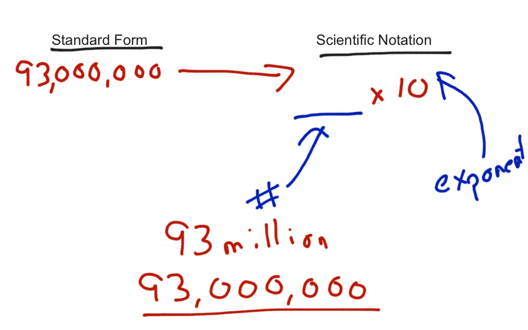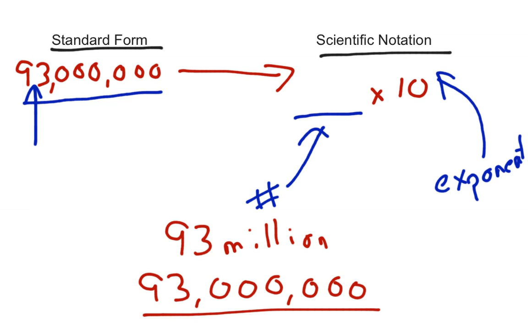Really, changing this standard form into scientific notation is actually pretty simple. When I look at the number 93 million right here, my whole goal is this: I basically want to eliminate a bunch of numbers, like all those zeros there. I want those to go away. Now, the way I do that is I want to put the decimal point right there.